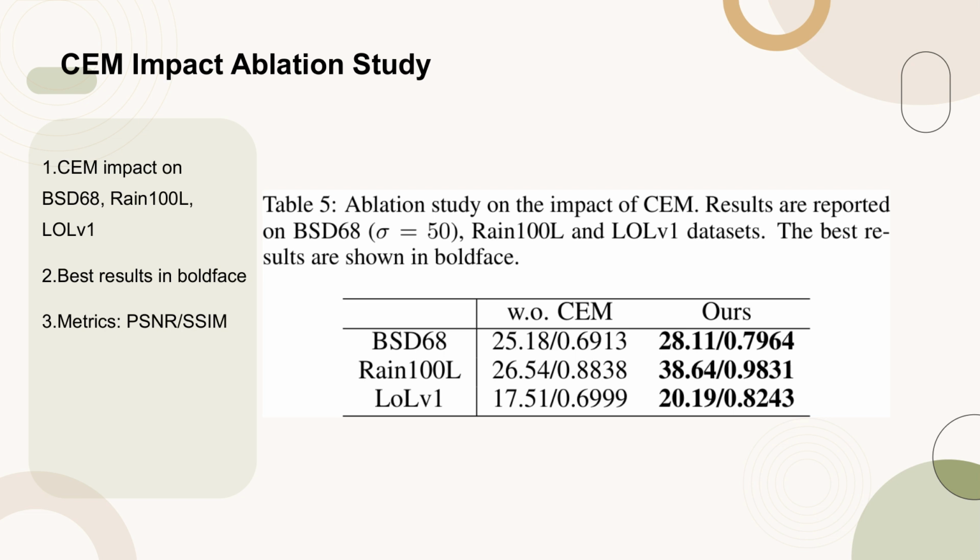On the LLV1 dataset, the PSNR and SSIM also show notable enhancements from 17.51 to 20.19 and from 0.6999 to 0.8243, respectively. These results underscore the critical role of CEM in achieving superior image restoration outcomes.